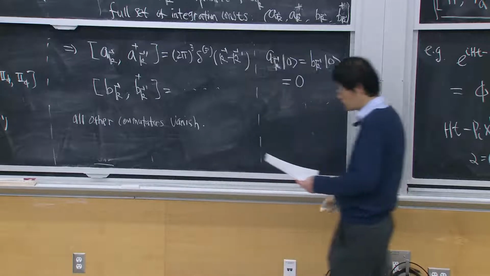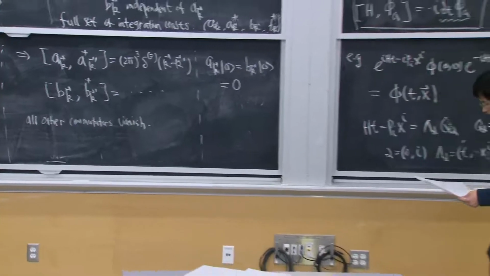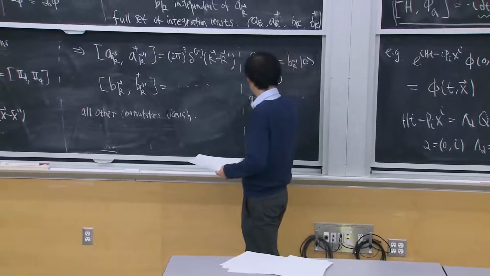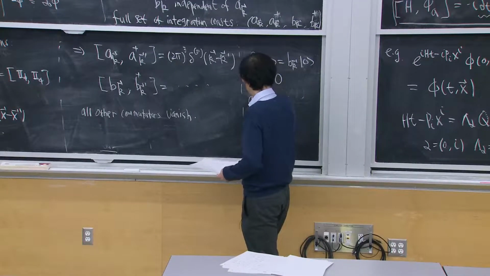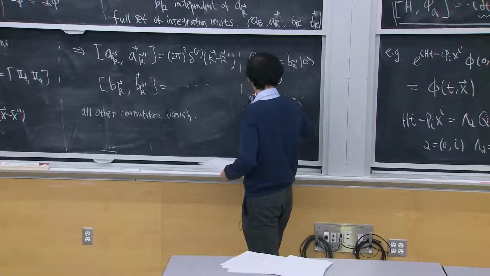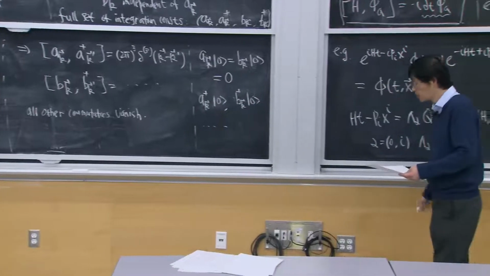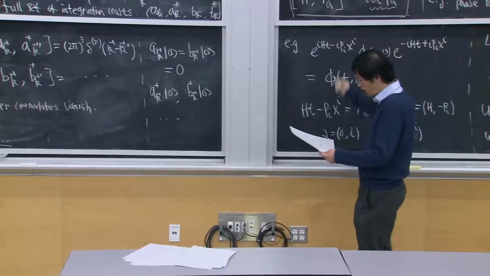This is the vacuum state. Now you can act A_k dagger on 0 and B_k dagger on 0, etc. So now we have two kinds of particles.